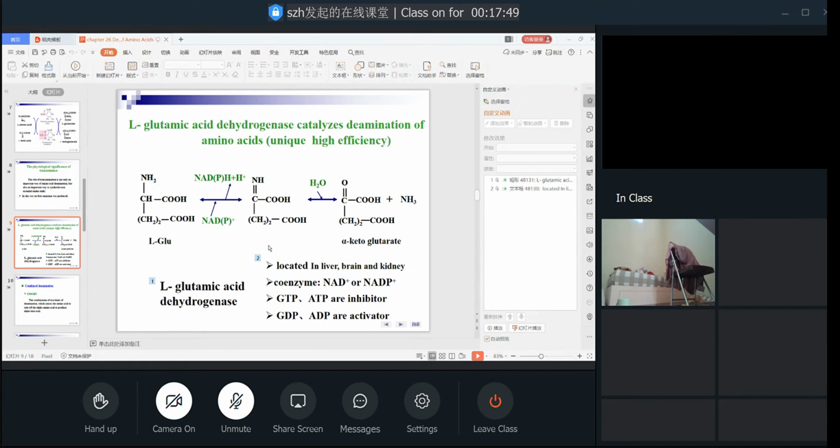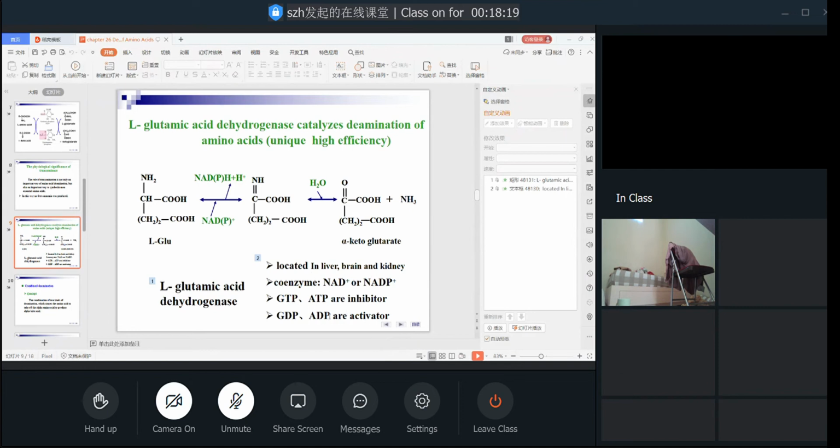Pay attention to this step. This enzyme is very useful for thorough deamination. This enzyme is mainly located in the liver, brain, and kidney. The coenzyme is NAD or NADP.